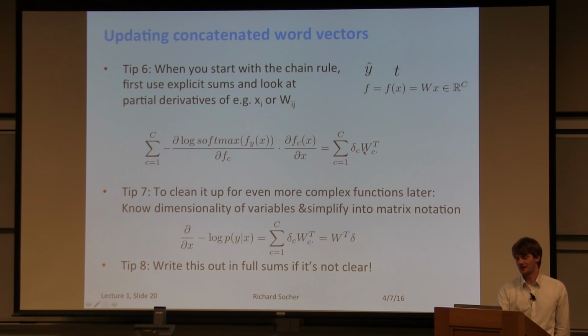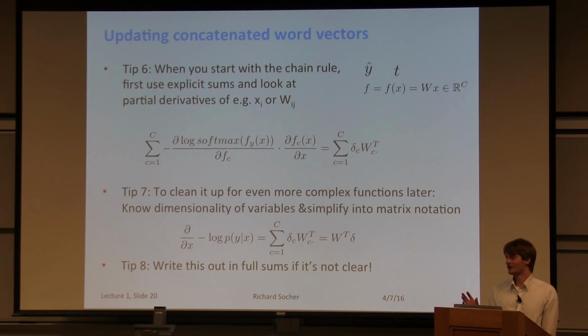But in the end, and this is kind of a skill that you'll develop in this class, you can see, well, if I multiply each of these and I keep summing them up, then maybe what I can do is I can actually combine all of this in one large matrix notation. And again, here it's very important to know that you have the right dimensionality, so you always have to keep track of your dimensionality.